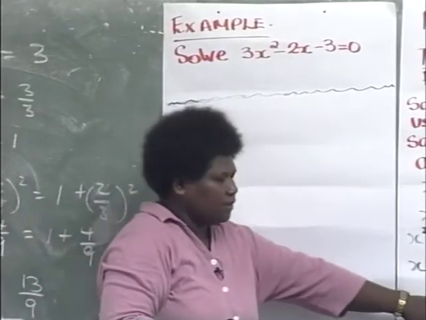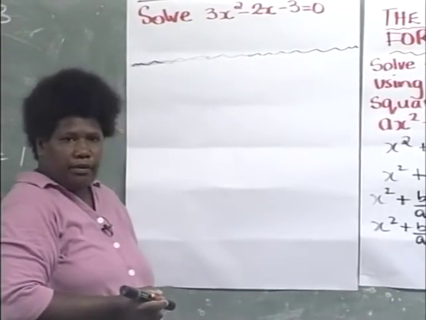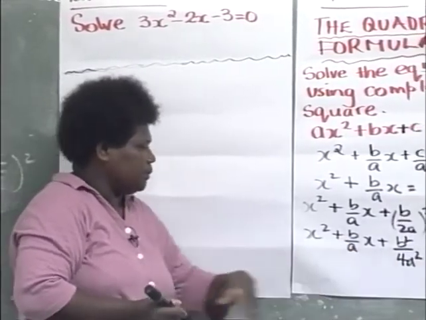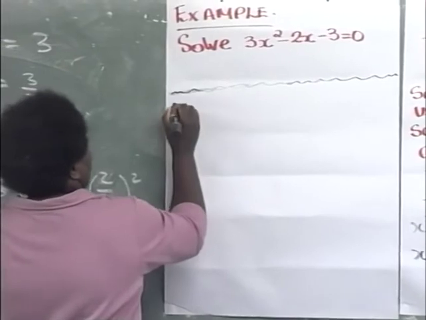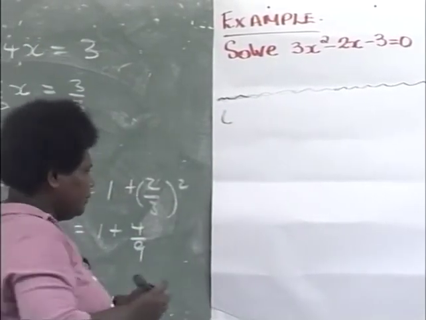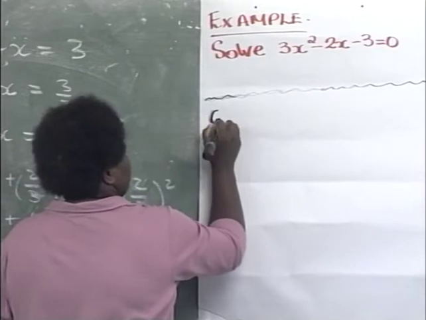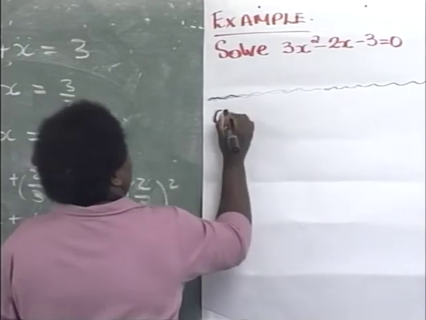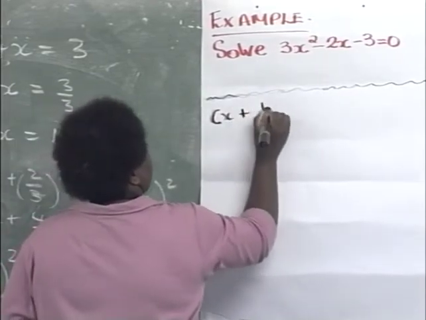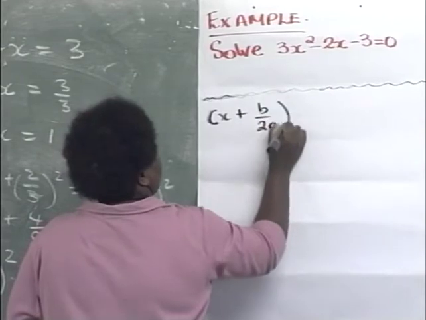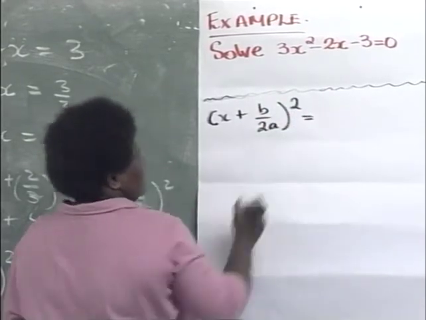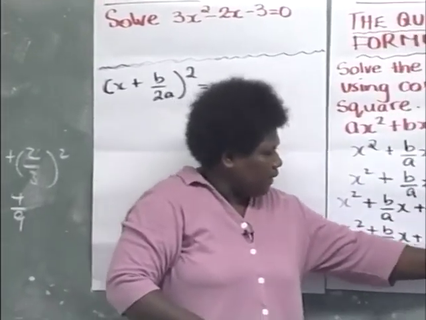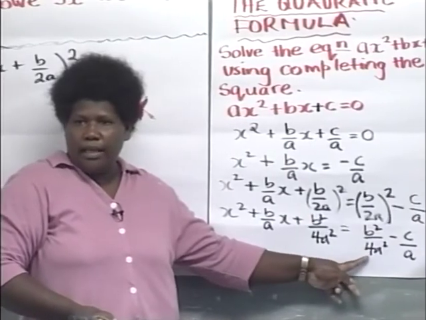Okay, from this point, I now have to factorize. If I factorize x squared plus b over a x plus b squared over 4a squared, what will it be? Velma? X plus b over 2a. Okay, x plus b over 2a squared equals, what I will do is tidy up the other side. I am subtracting one fraction from another fraction.